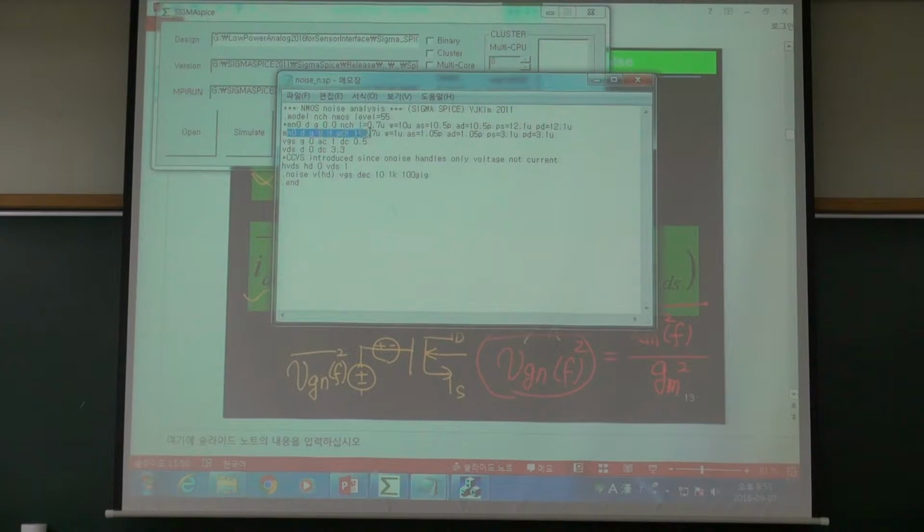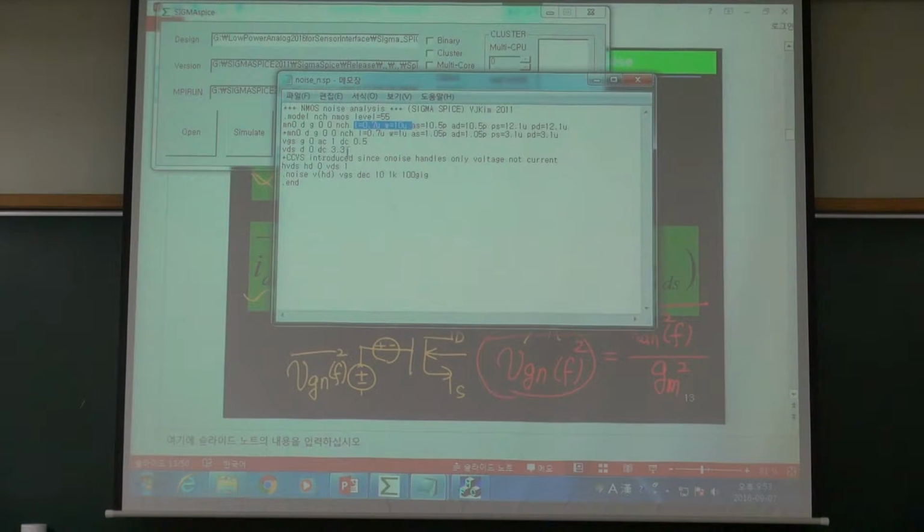Mine is 1 micron. Let's try this one first. The first one is W equal 10 micron, L equal 0.7 micron.